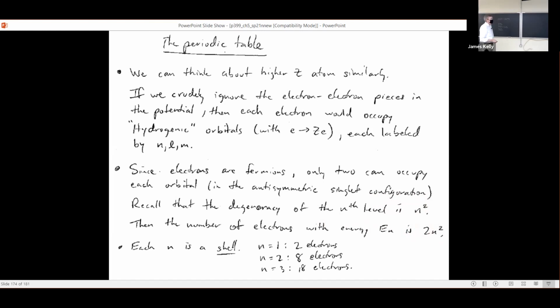So each n value, we're starting with hydrogen wave functions, n equals 1. We call each of these n's a shell. So n equals 1 can fit 2 electrons in it. n equals 2 can fit 8 electrons in it. n equals 3, 18 electrons, and so on. We just calculate what 2n squared is.